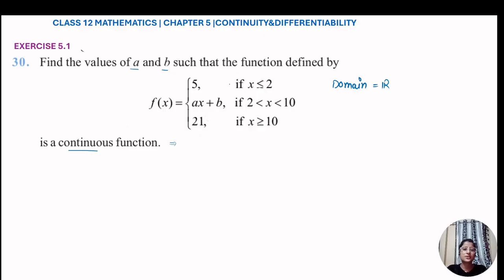As we know that constant functions are continuous, if I try to make a graph, let's say this is 2 and this is 10.